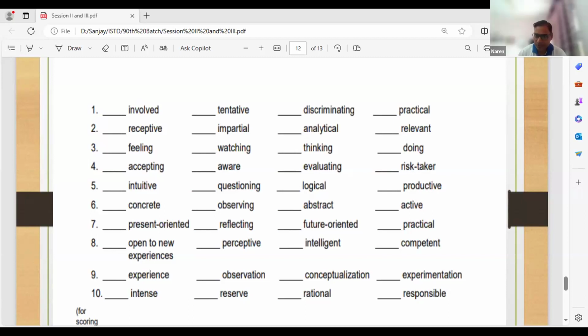It's okay. 4 marks denotes highest acceptability. 4 marks means the one which is very relevant to you. 1 represents very far from you. So if you are giving 4 marks, it means this word is very appealing to you, very close to you.